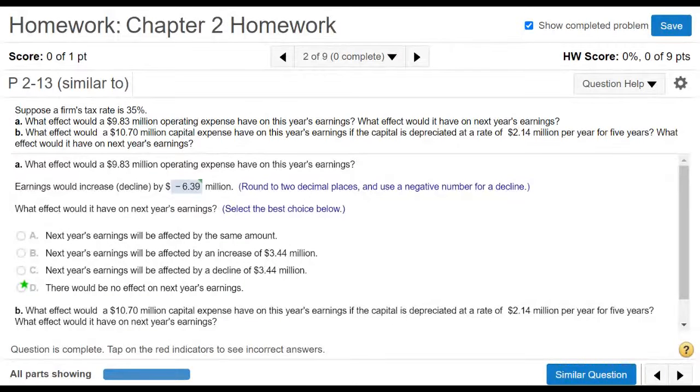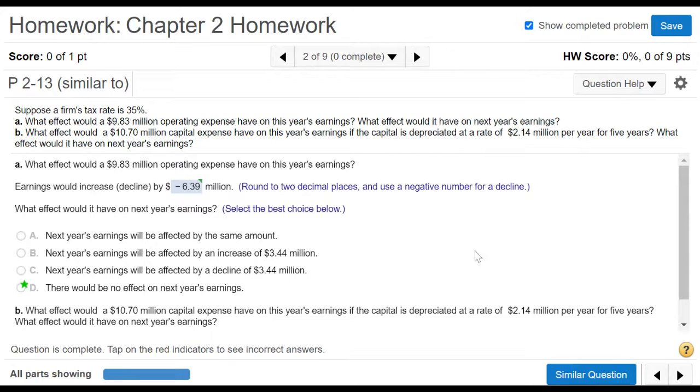Yes. All right, so this one is where you put the negative. So first thing we're going to do, we're going to say 9.83 times 1 minus 0.35, so it's 0.65. So 0.65 times 9.83 is negative 6.39. And there would be no effect on next year's earnings because you're taking everything up front.